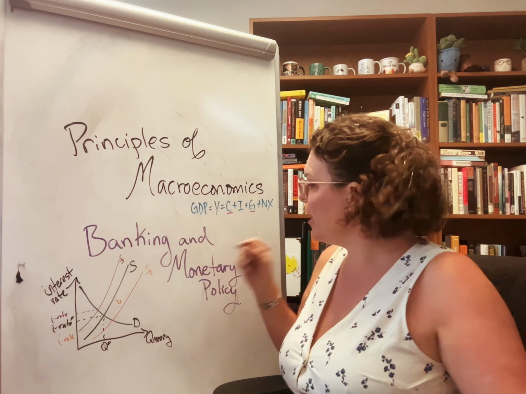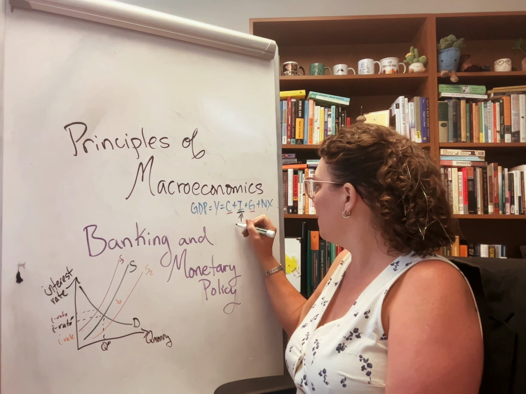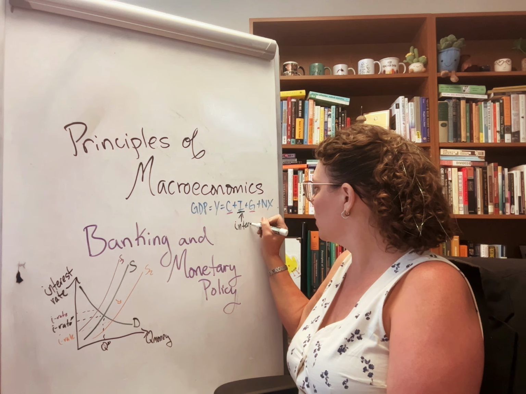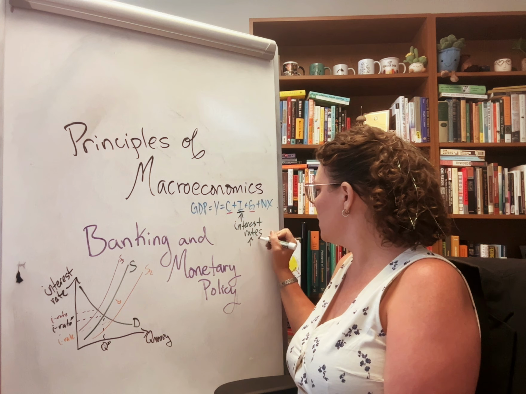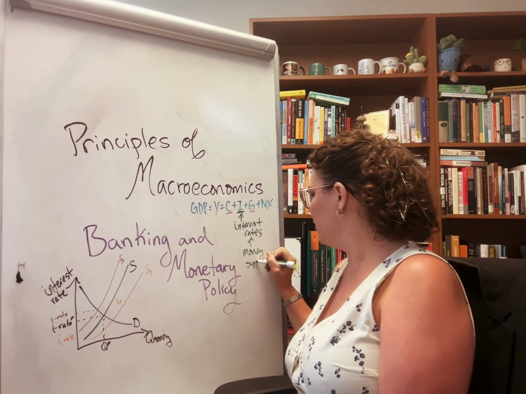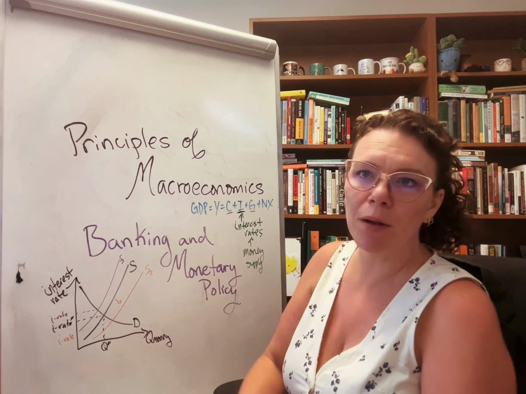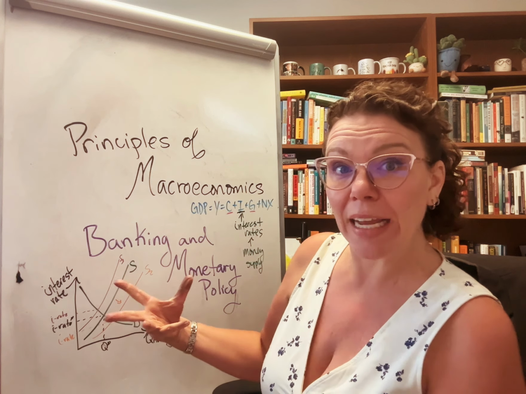But with monetary policy, we're going to see investment being affected by interest rates, which are determined by the money supply. So it's a little bit more confusing to do monetary policy stuff because there's more steps. It's a little bit indirect.